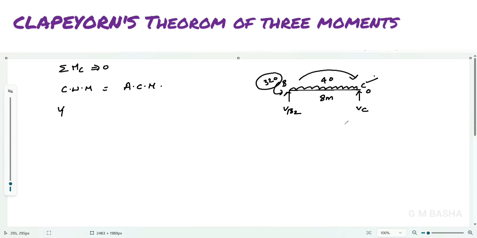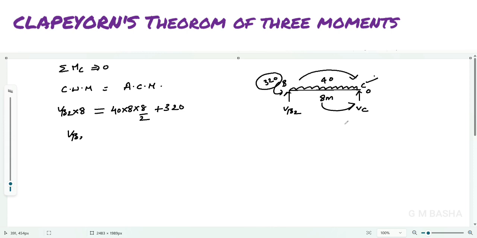So that is VB2 into 8 plus, is there any clockwise moment acting here? No. This UDL will be acting downwards, and as I am resolving, it will act anti-clockwise towards C like this. Another anti-clockwise moment 320 will be here. We can add both of these values, which is 40 into 8 into 8 by 2, which is W into L into L by 2, plus 320 kilonewton meter.